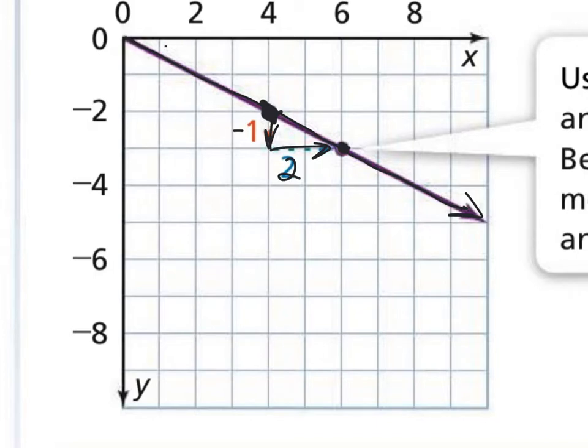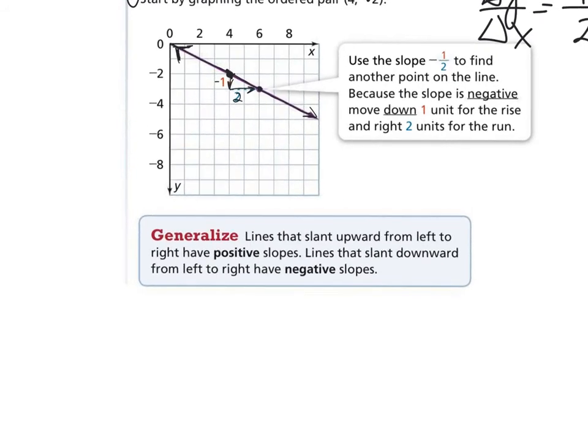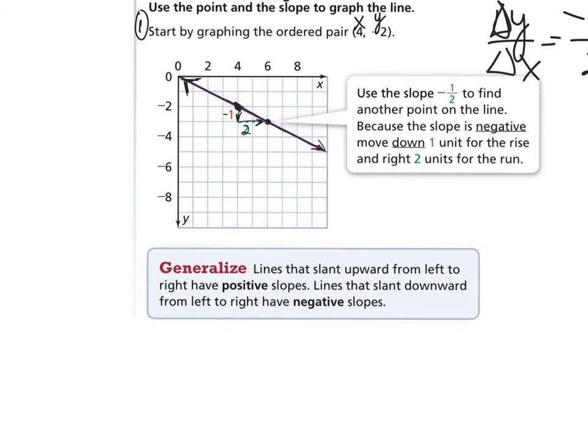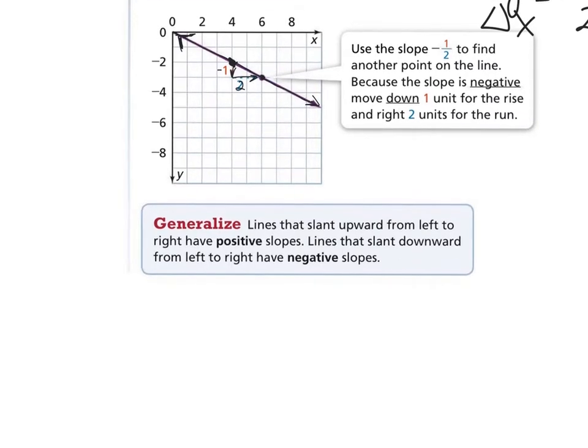One thing the book doesn't do that I might add is an arrow going the other direction. There's nothing to make me believe that we can't continue up into the other quadrants as well. In some real life cases you might be restricted on some parts of the graph not making sense, but in this case I think we're okay there. One thing about this, looking at our slope, we said the slope was -1/2. Looking at that graph, it does look like a negative slope.